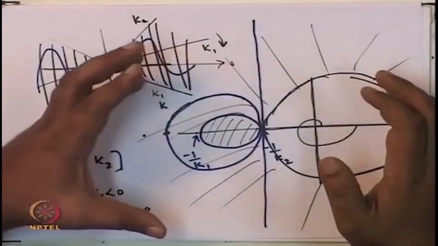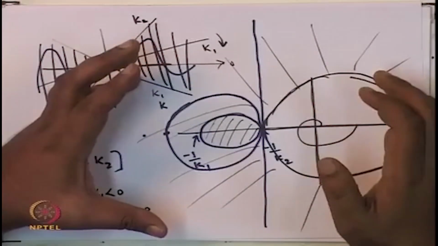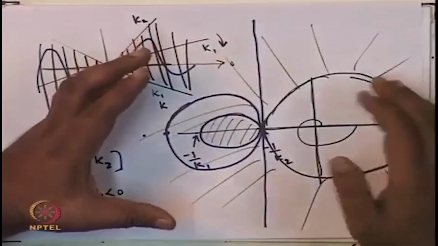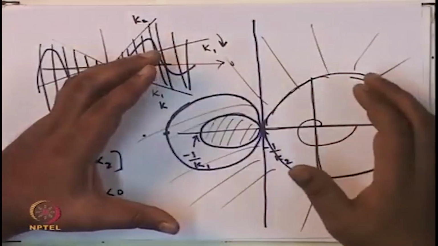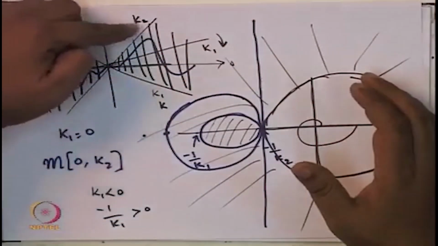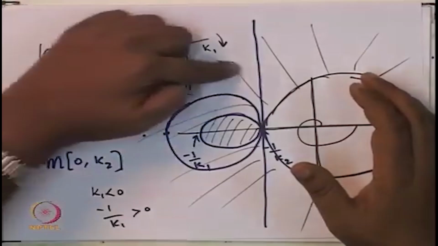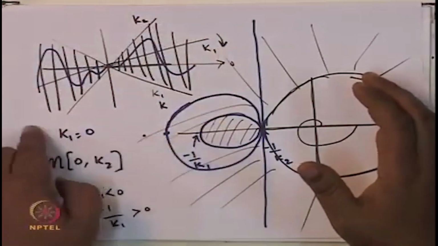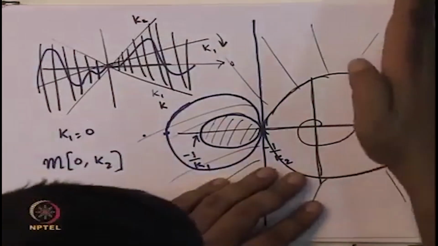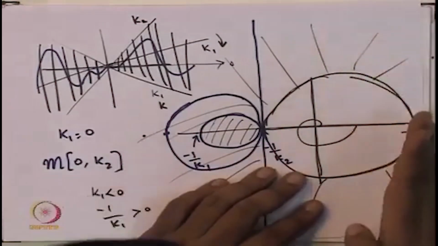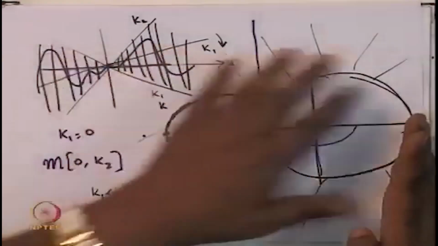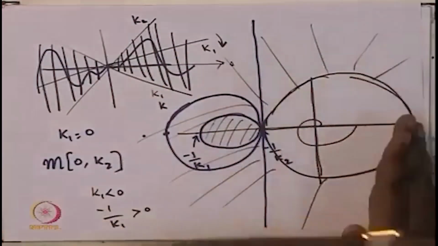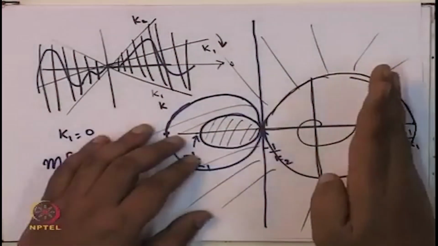So, the nice region keeps expanding, but the outside region is the bad region, until k2 hits 0. So, when k2 hits 0, this minus 1 by k2 has gone off to infinity, which means you have a straight line here, and the good portion is this side and the bad portion is onto the other side.